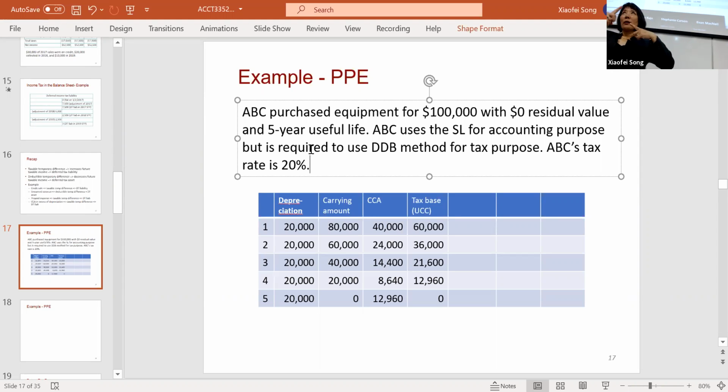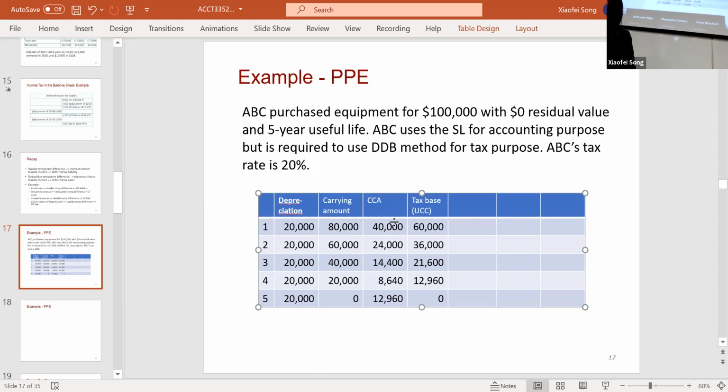All the assets are classified into various classes, and then there is a rate for each class. I don't think anything is actually 40%, but let's say it's 40%. So we apply that 40% as the CCA, the tax depreciation.